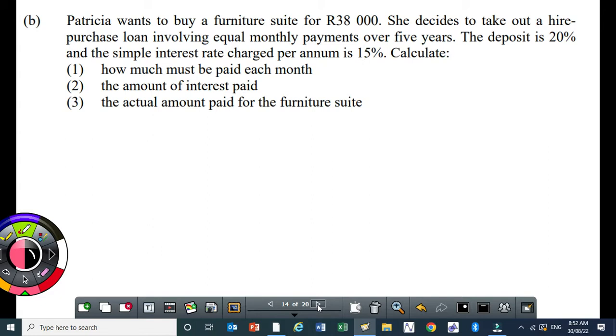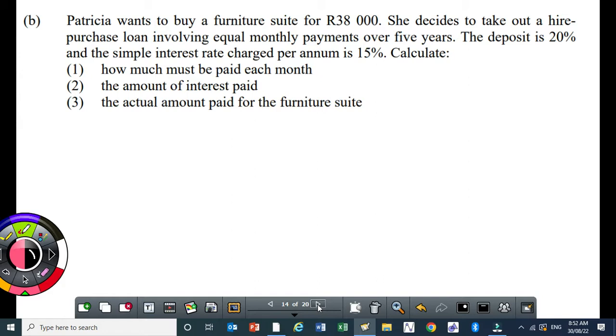So we have got a question here which I asked you to do. It says, Patricia wants to buy a furniture suite for 38,000 rand. She decides to take out a hire purchase loan involving equal monthly payments over 5 years, which is quite a long time to pay off for buying furniture. The deposit is 20%.